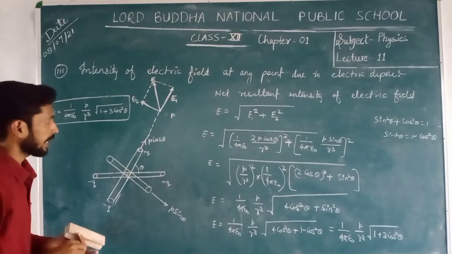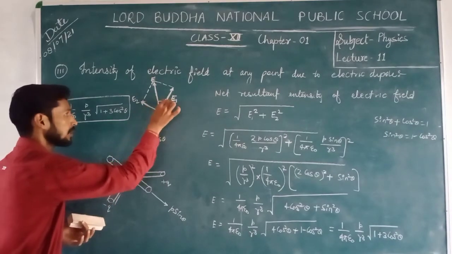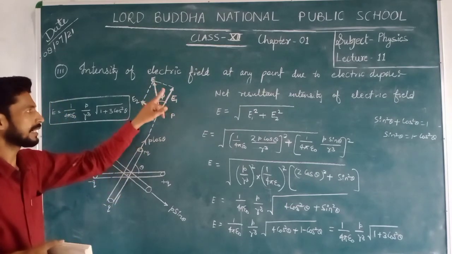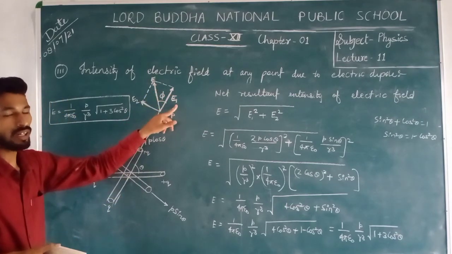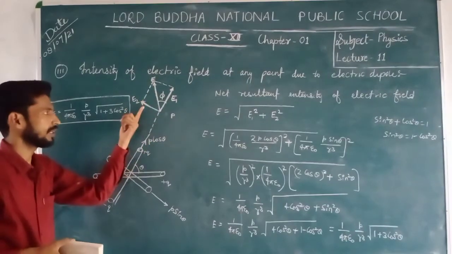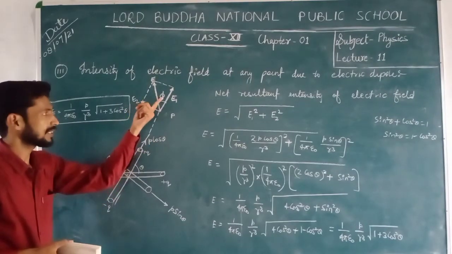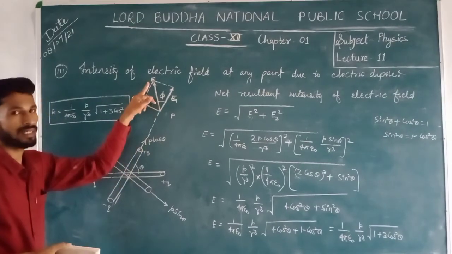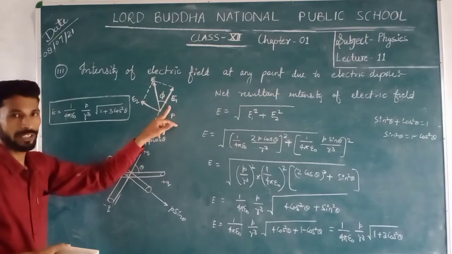Now if we take that the angle is phi, that is the angle between the resultant and the component of the intensity of electric field, that is E1, then if this is phi, then this also will be phi. Why? Because this is the resultant of this physical quantity.